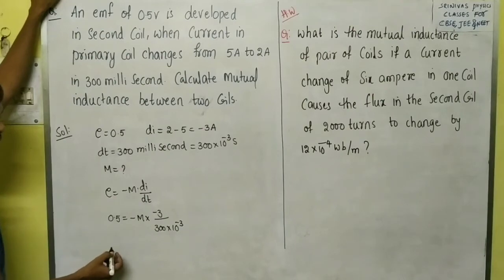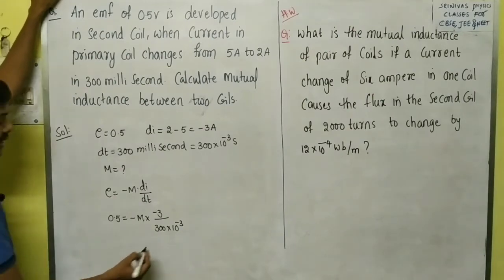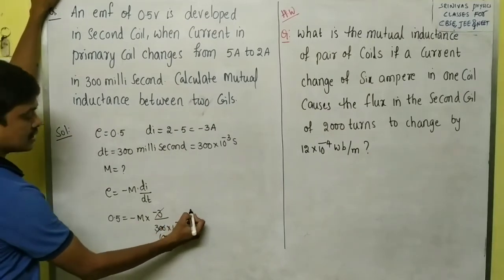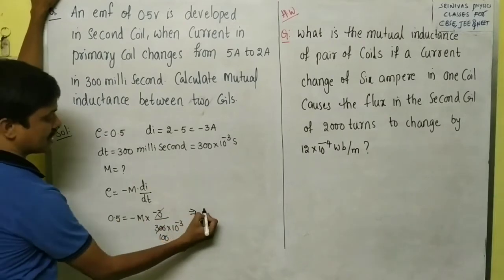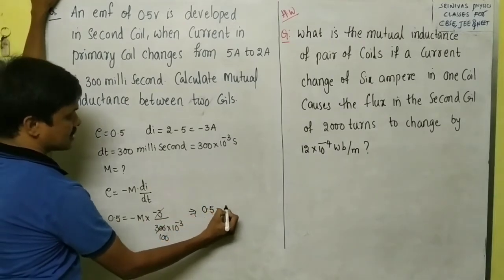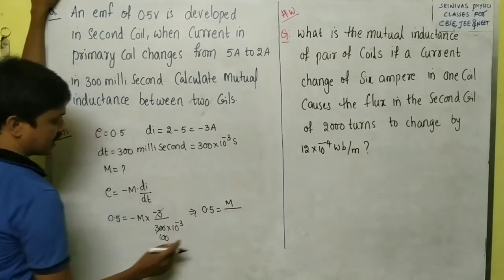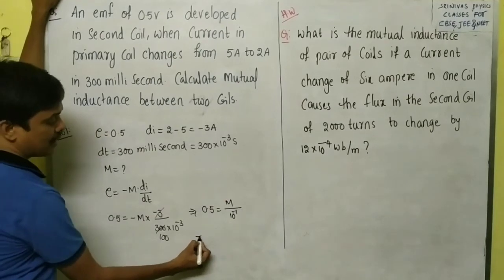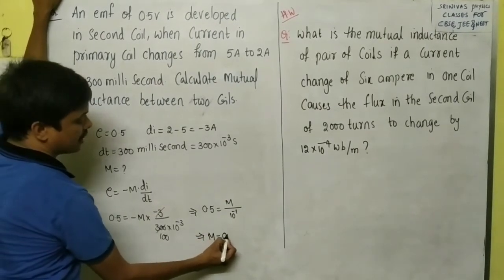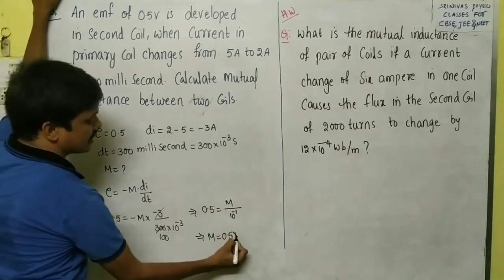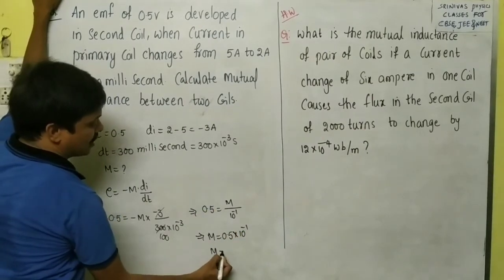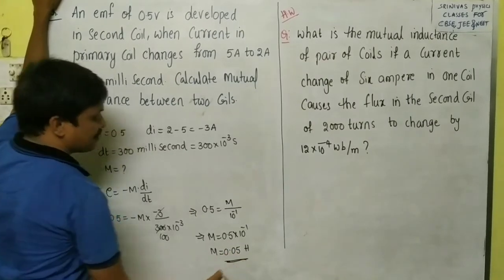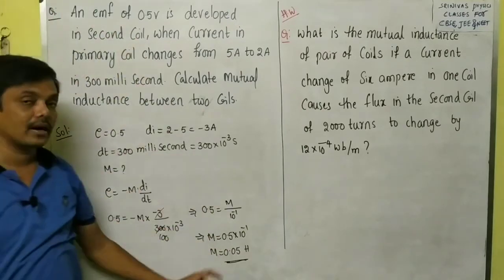Now we simplify. The minus signs will cancel, so 0.5 is equal to M by 100 into 10 to the power of minus 3, which is nothing but 10 to the power of minus 1. To get M, we take 0.5 into this 10 power minus 1 to the other side, and finally we get the M value as 0.05. The M unit is the same as the L unit, self inductance or mutual inductance, that is 0.05 Henry.